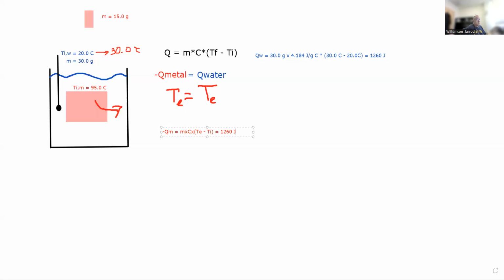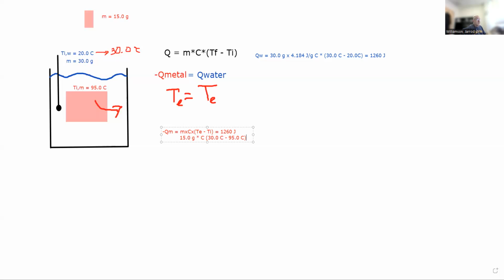Well, let's take a look here. What was the mass of my metal? The mass of my metal was 15 grams. The heat capacity of my metal is what I'm solving for. The equilibrium temperature is 30 degrees Celsius minus my initial temperature, which was 95 degrees Celsius.